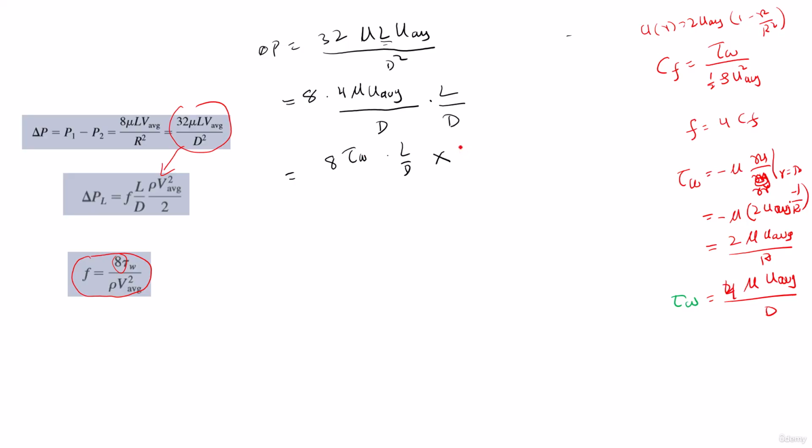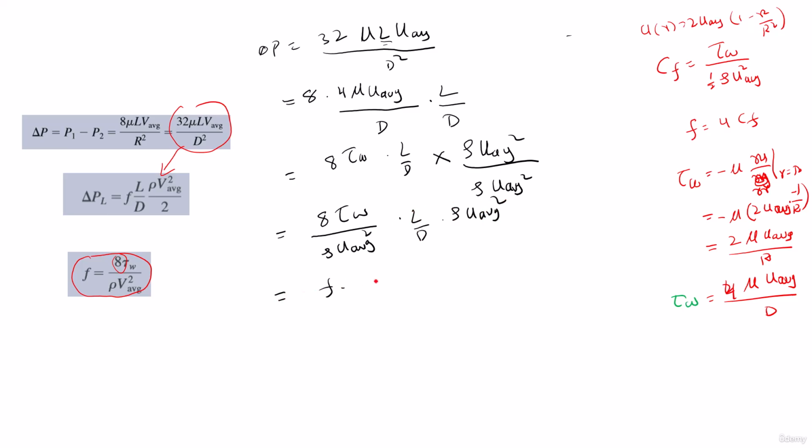Now you have to multiply and divide by rho U average squared. So I can write it as 8 times wall shear stress divided by rho U average squared, into L by D, into rho U average squared.